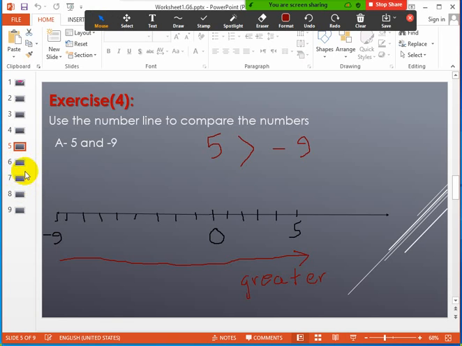Okay. Now let's move to the next exercise, which is here. Also, I have to locate the numbers and compare between the numbers according to the number line. Here I have -2.